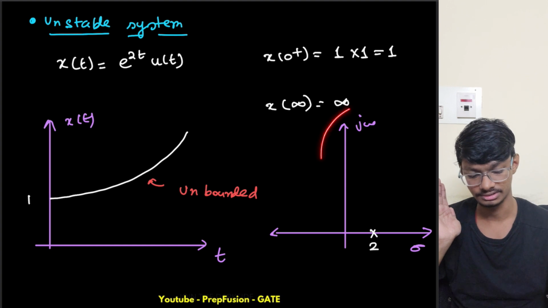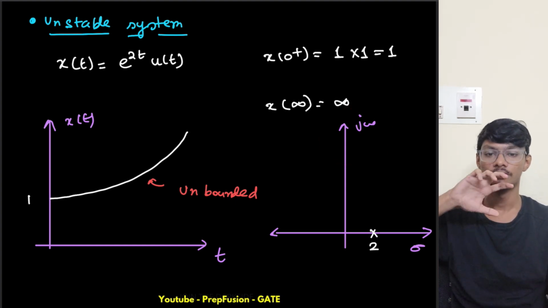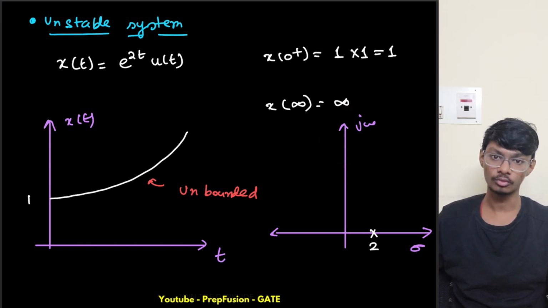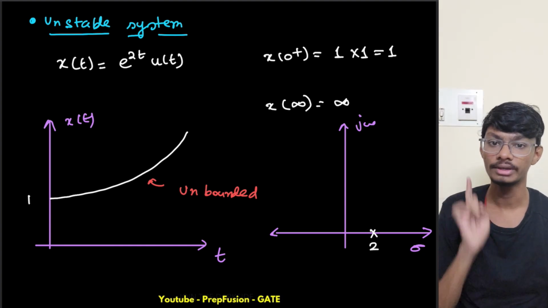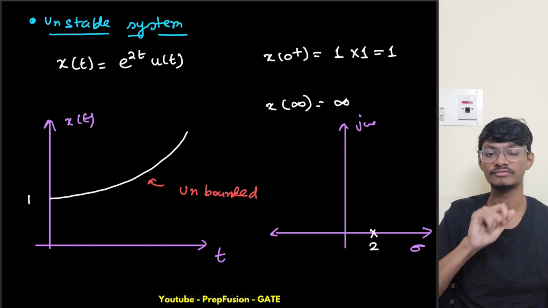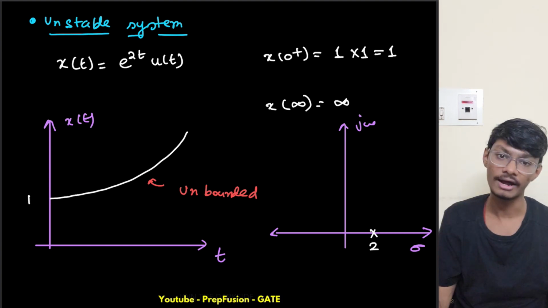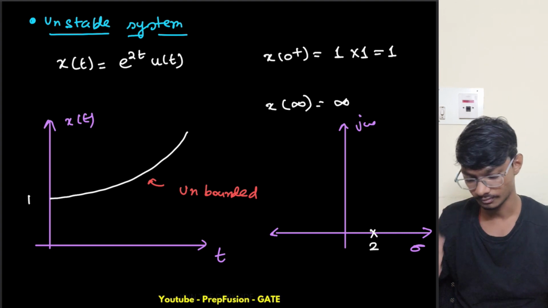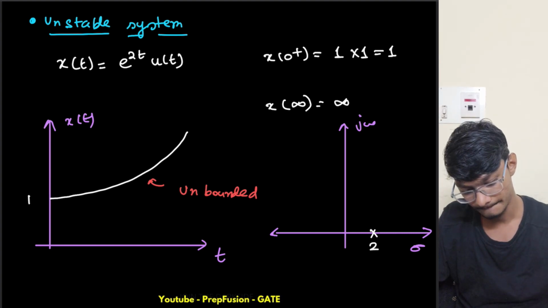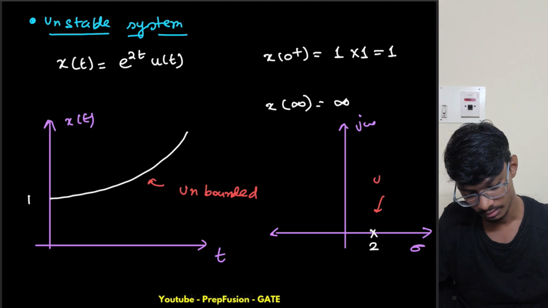If the poles of the transfer function lie in the right half plane of the j omega axis, then the system will be unstable. Just remember this. If all of the poles lie in the left half plane of the j omega axis, then the system will be stable. So here, due to this, it is unstable.